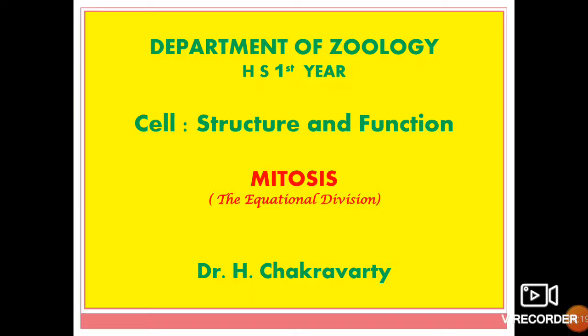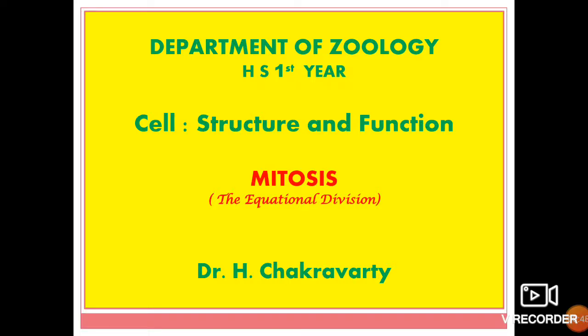In our last video, we learned about the cell cycle and the various subparts of the cell cycle. We know that in the cell cycle, there is an interphase and a divisional phase. The interphase has three substages, G1, S and G2, which is followed by the divisional phase.